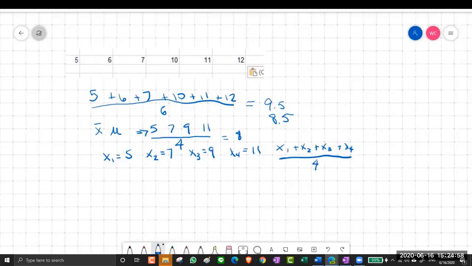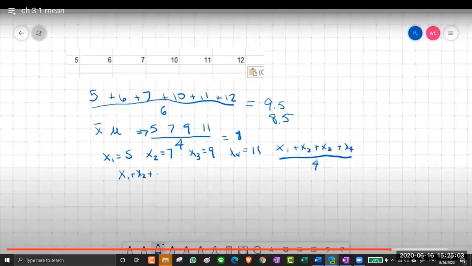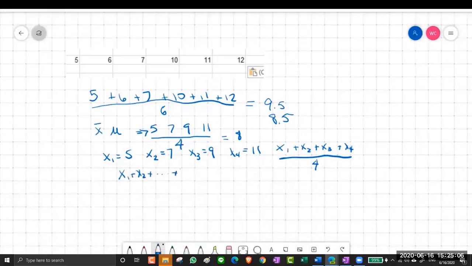Suppose we had 7 elements, then it would be x1 plus x2 plus, and we keep going up to x7, and then we would divide that by 7. That would be the mean. If we had 10 elements, it would be x1 plus, and we'd go all the way up to x10, and then of course we divide by 10.